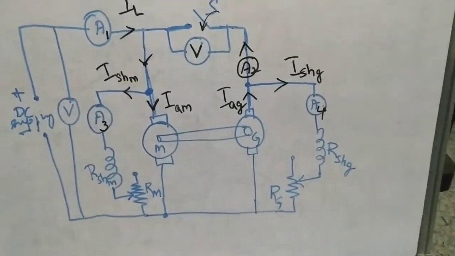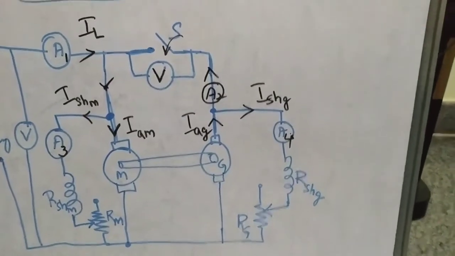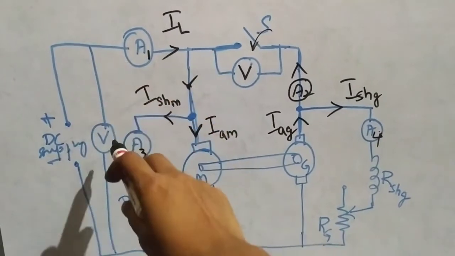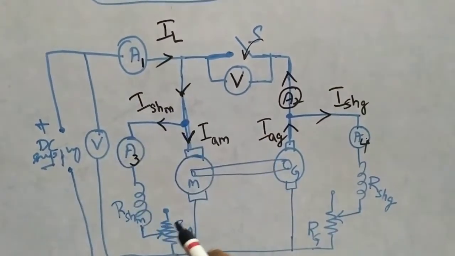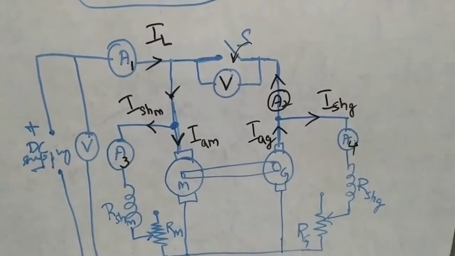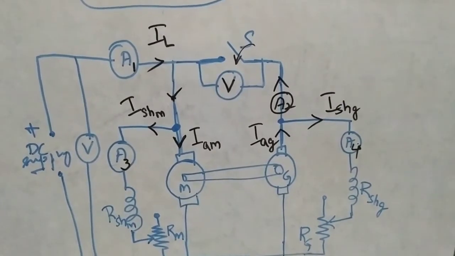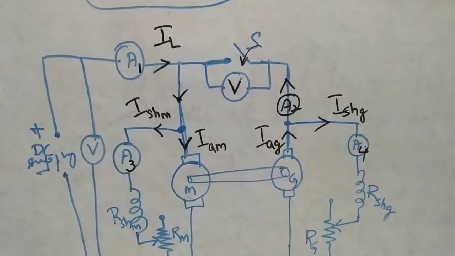Let us see what calculations we have to include. Already I have denoted what V is. It is the supply voltage, IL is the line current, and IM is the input current to the motor. Ig is the input current to the generator, and IAM is the motor armature current.